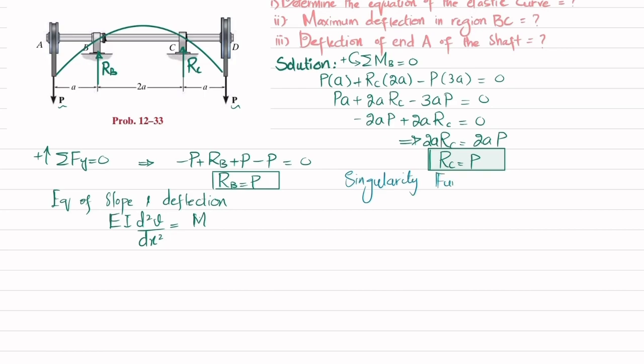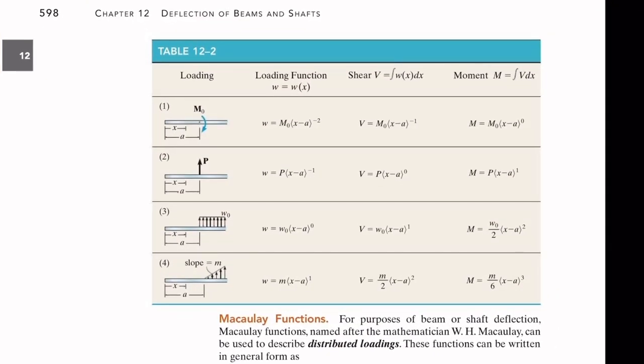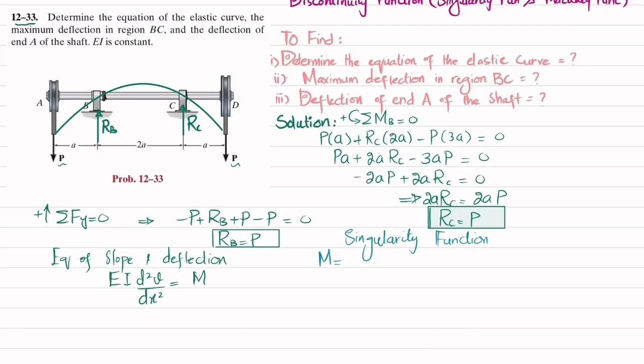And what is that for moment? The moment will be equal to, you can see this is a point loading. If we go to the book and check the second scenario, that is for a point load: if point load P acts at a distance of A and X starts from this side, the moment equation will be M equals P into X minus A. So note this down.